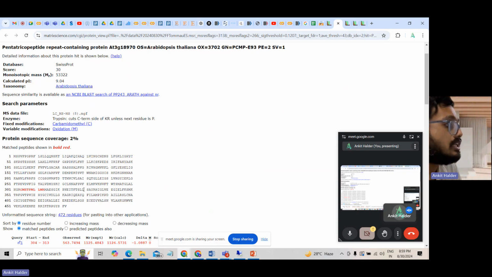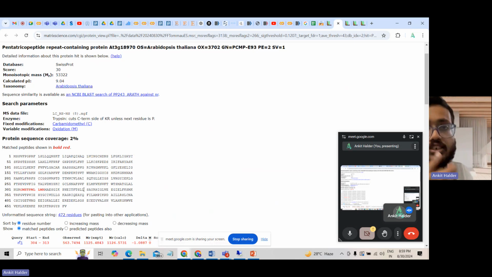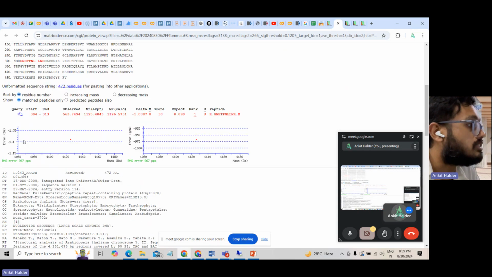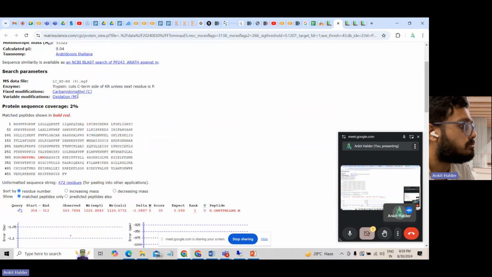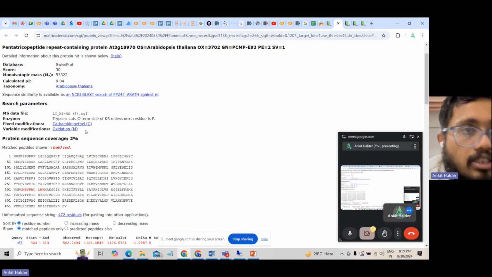Here you can see trypsin cleaves at the C terminal side of K and R, that's lysine and arginine, unless the next residue is P, and the calculated pI and those things are provided. This should not be considered because it can be just a shared sequence, and that's why it shows that it belongs to this particular protein.